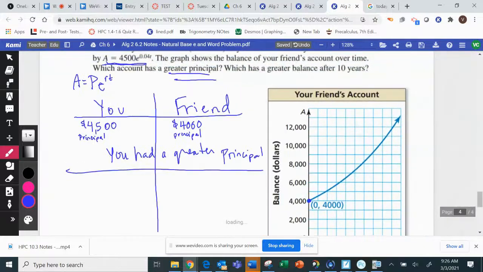Second question, which has a greater balance after 10 years? So let's do you first. After 10 years, we're going to plug in 10 for T, and you can use your calculator.